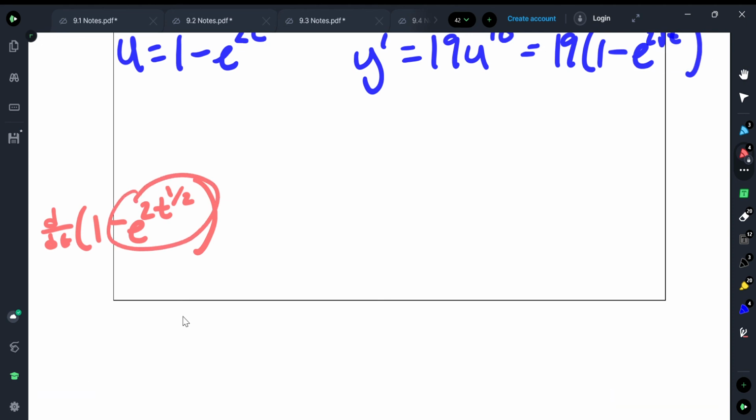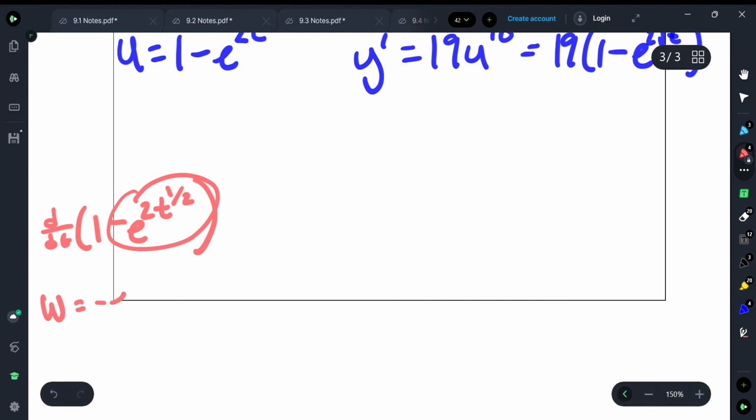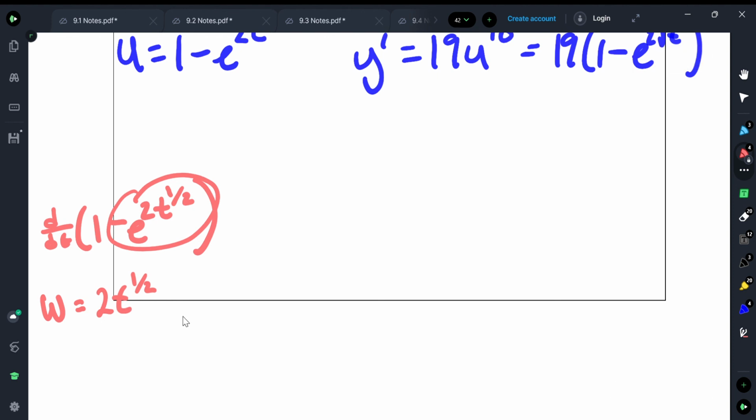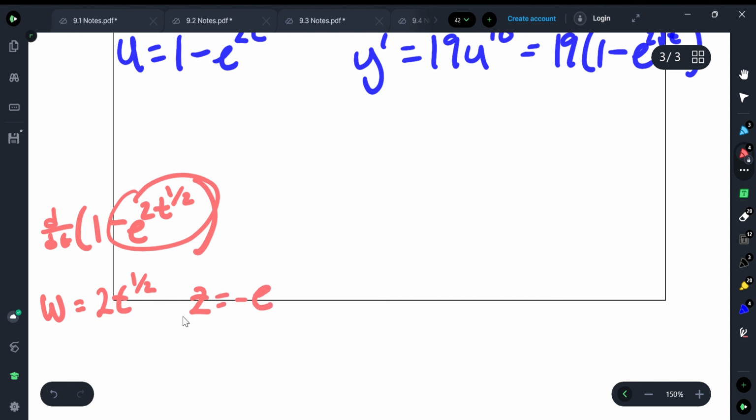Okay, so the inside function is going to be w. So w is going to be 2t to the 1/2 power. All right, cool. Now we're going to call this z. z is negative e to the w power.